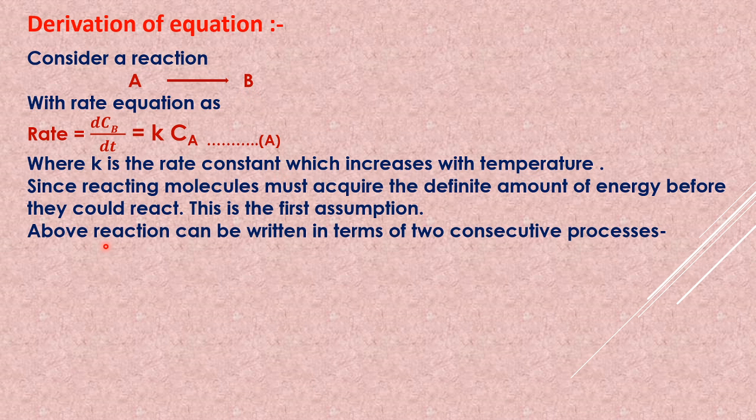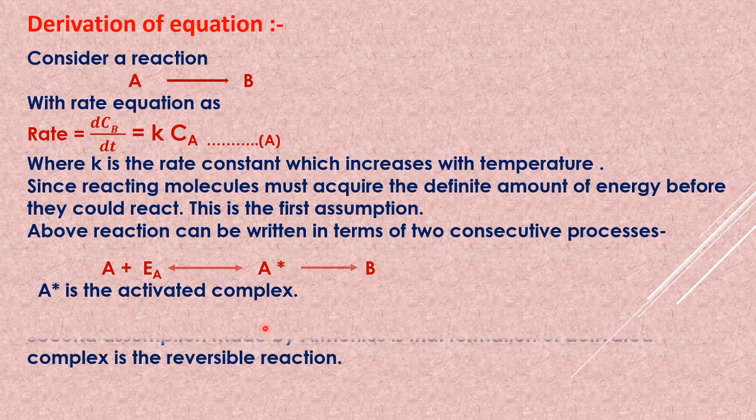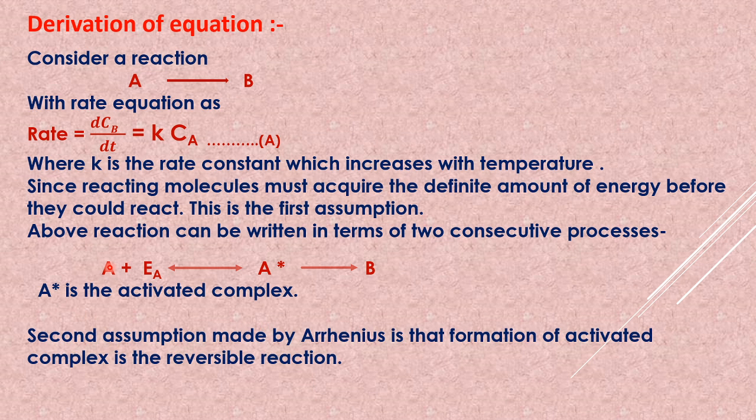This means the above reaction can be written in terms of a consecutive process. This consecutive process is A plus Ea, reversible, gives the activated complex molecule A star, which gives B. This A star is the activated complex. The reactant A molecules acquire a definite amount of energy and form an activated complex, A star, and this is a reversible process.